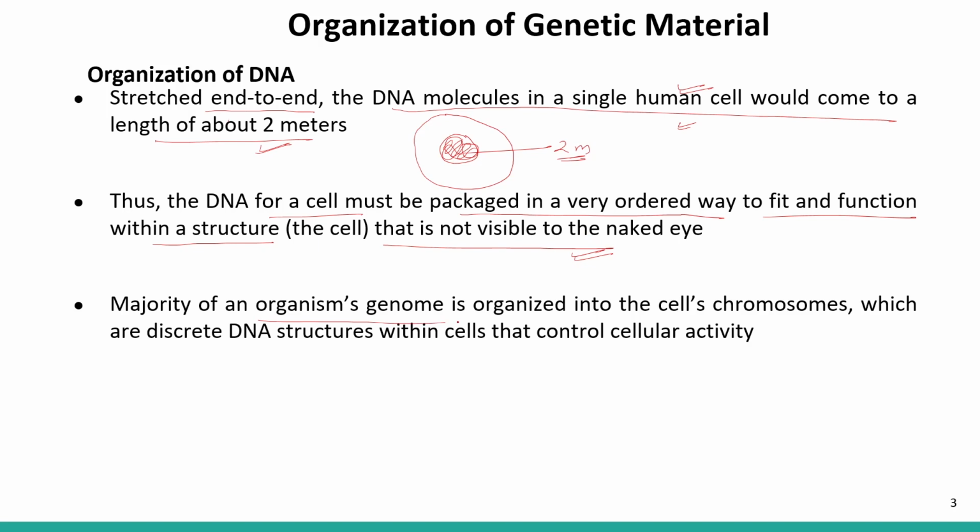The majority of an organism's genome is organized into the cell's chromosomes. Normally the cell has a nucleus with chromatin material, but when the cell is going to undergo division, the chromatin material divides into different fragments called chromosomes. Whether present as chromatin or chromosomes, it is genetic material, discrete DNA structures within the cell that control cellular activity.